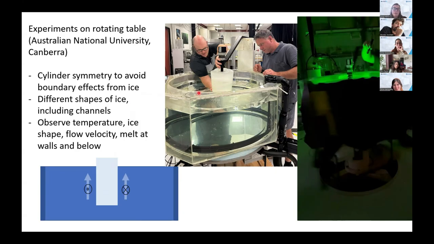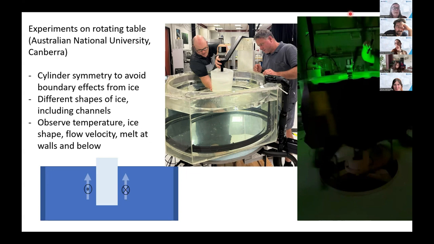And then we tried some different shapes of ice, including at the end some channels. And the observations we made were of temperature in the water here, and the ice shape, and the flow velocity, and how much the walls of the ice melted, and so on.